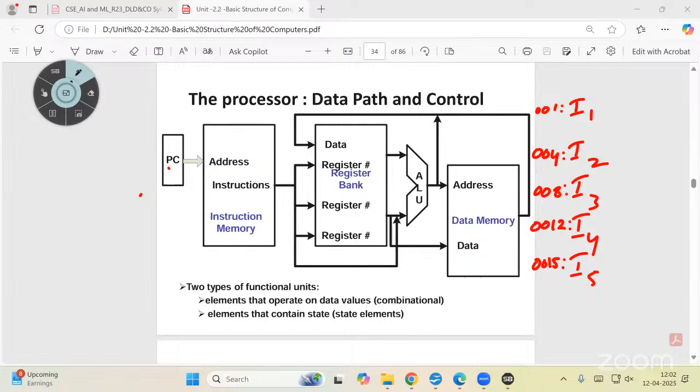The purpose of the program counter is that it is holding the address of the next instruction. So first I1 is executing.